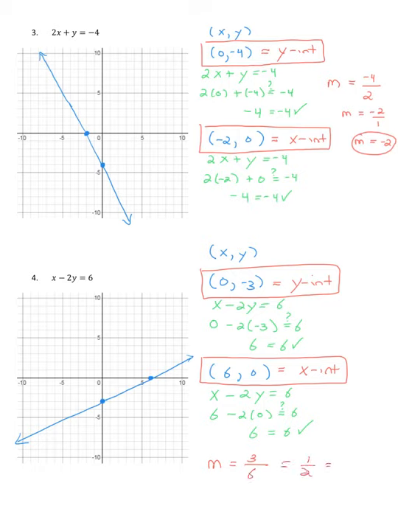Technically, you could even use a decimal and say 0.5. But when talking about slope, leaving your answer as a fraction is kind of nice. It tells you that every time you go up 1, you're going over 2. So it's like I go up 1 over 2, up 1 over 2, up 1 over 2. That is the same thing as saying you're going up 3 and over 6.